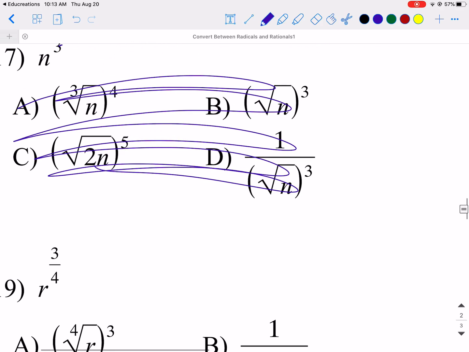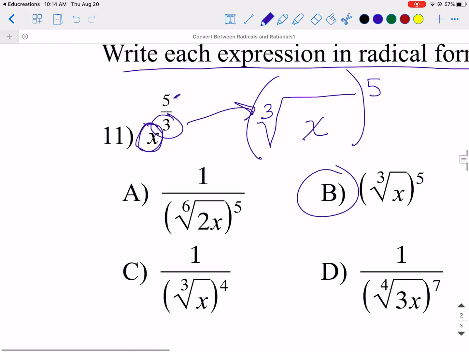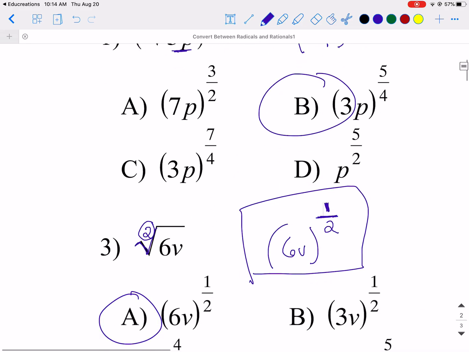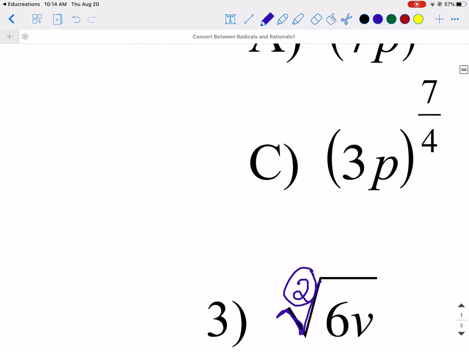I want to do another negative just to get you familiar with it. Let me do a what if here. So let's see, what if we had 12x squared raised to the negative 3 halves? All right. So I'm going to start with my radical symbol. Your base goes inside.